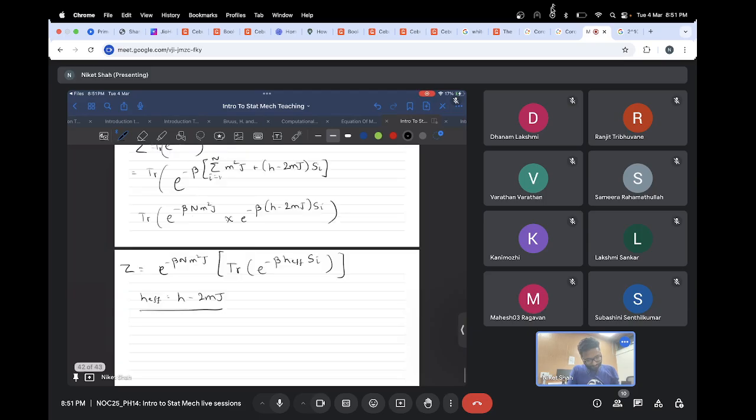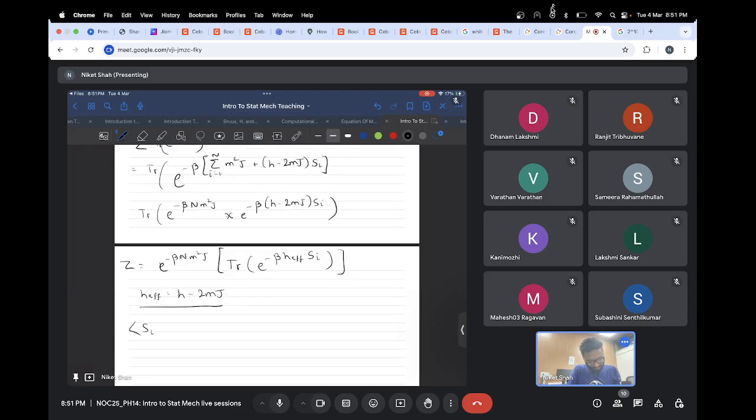Now, expectation of si. Let's do something of this sort. Log z is equal to minus beta n m square j plus the log of the expectation of minus beta h effective si.